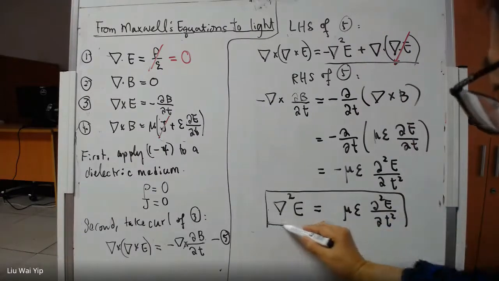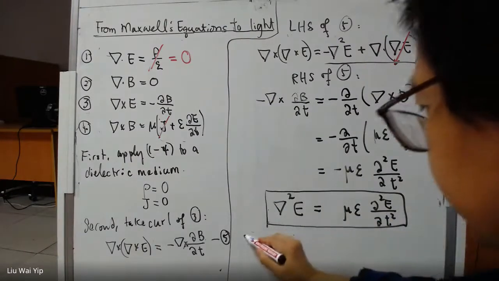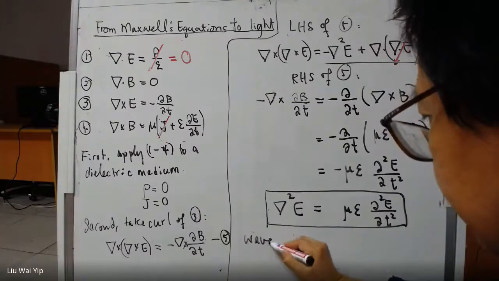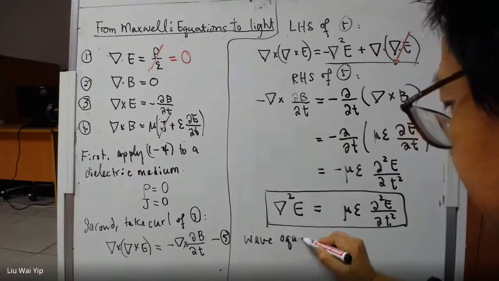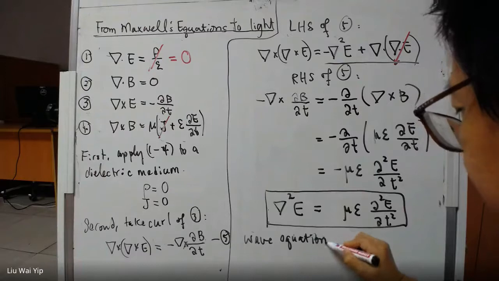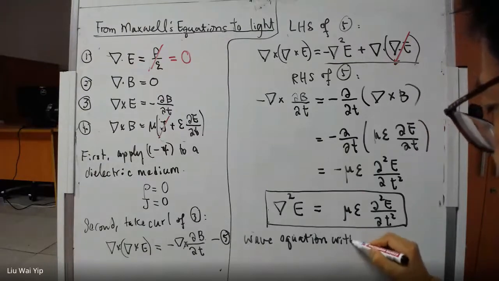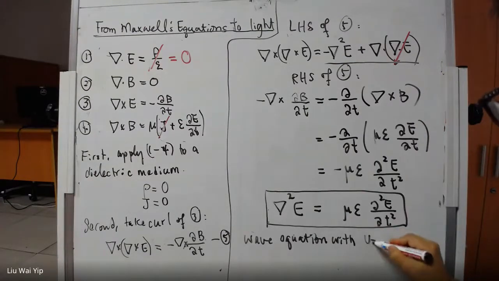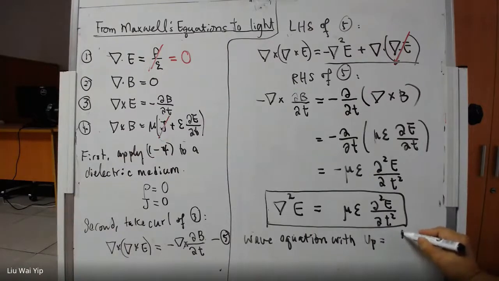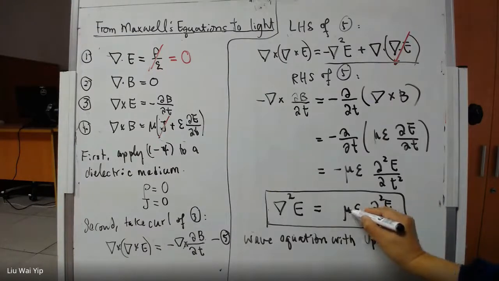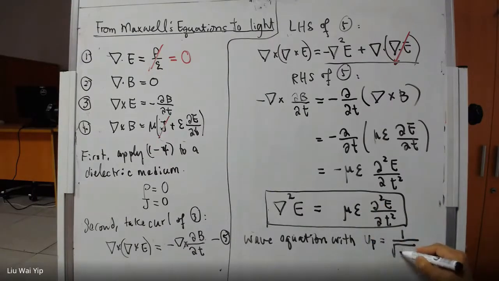A wave equation with the propagation velocity given by 1 over square root of mu epsilon.